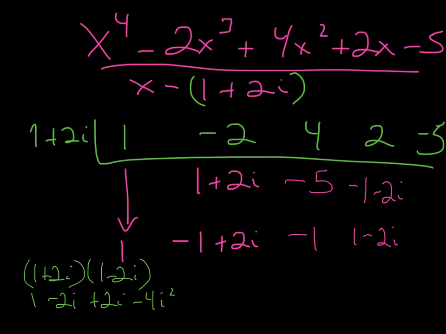Take a second if you're not recognizing where I'm getting all that from. So now hopefully you can see this is nice because these two middle terms cancel. This guy equals -1, so I end up getting 1 plus 4. You see where the plus 4 came from? So that equals 5. Okay? So let me go ahead and get rid of that. Just remember that's 5.